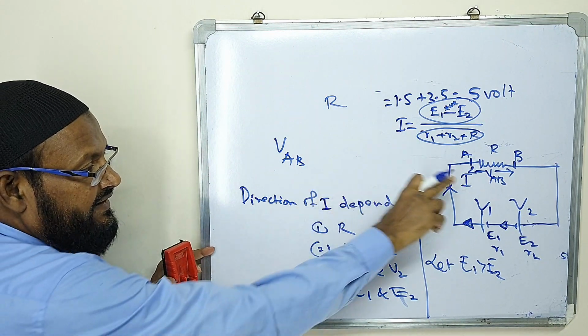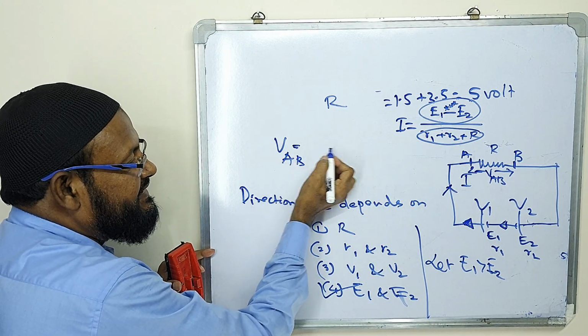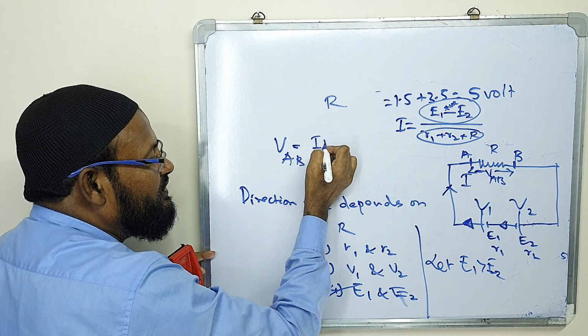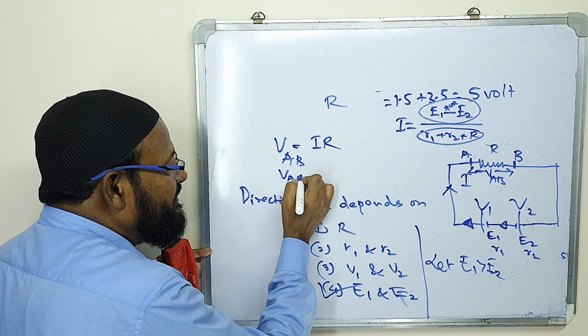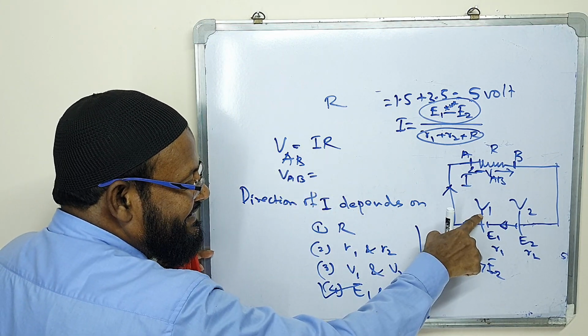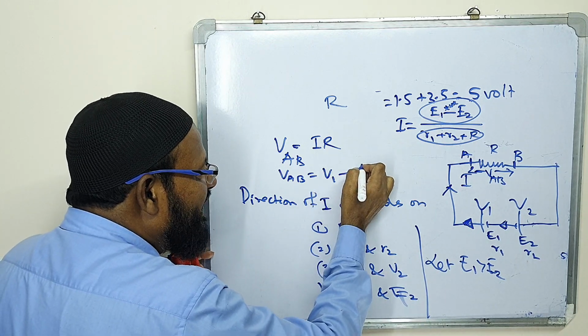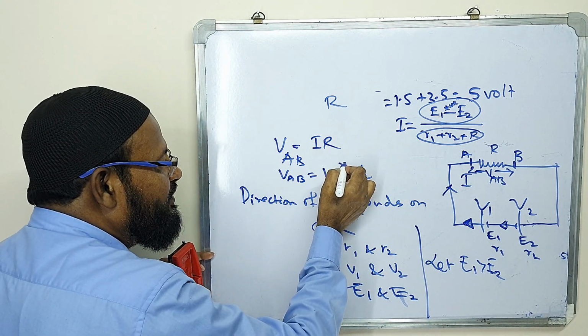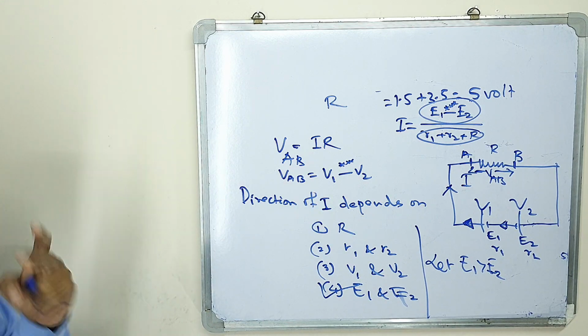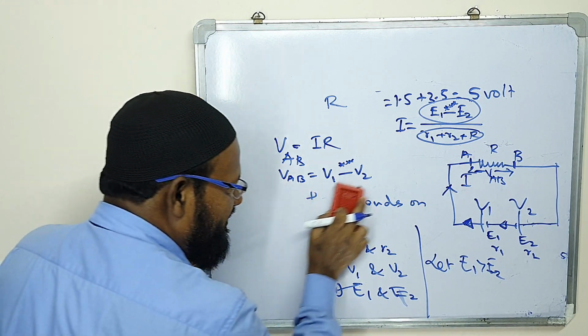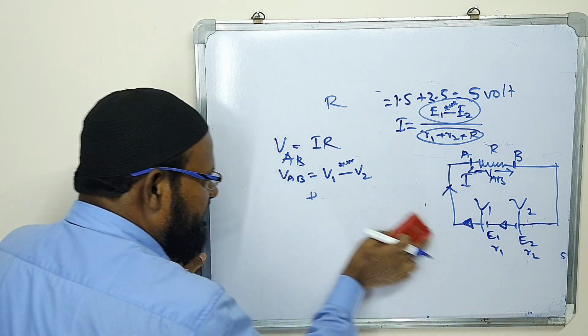Please see in this figure, what is this? Sir, first thing, this is equal to I into R. Another formula, this VAB is equal to V1 minus V2. Be careful, here is the minus sign. Okay, I am giving the example. Please see here.